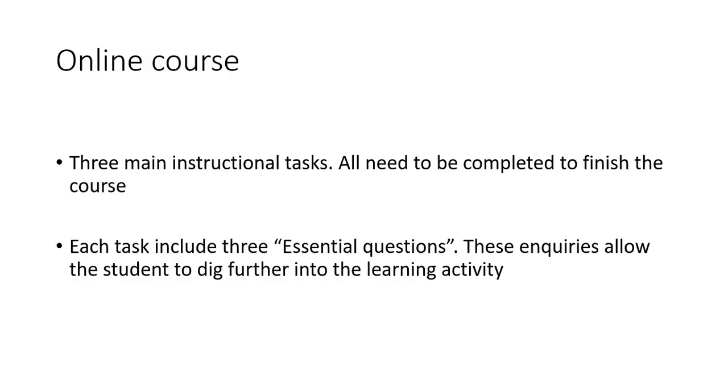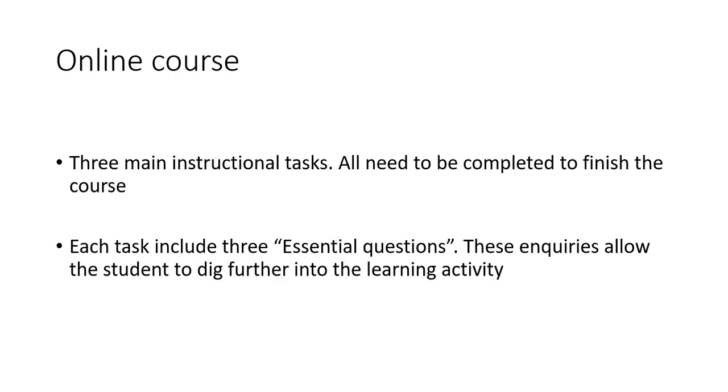The course has two main characteristics. First, it is made of three main instructional tasks, which means three sets of actions that the learner will have to perform in order to learn how to first install, then configure, and finally use the application on the smartphone.